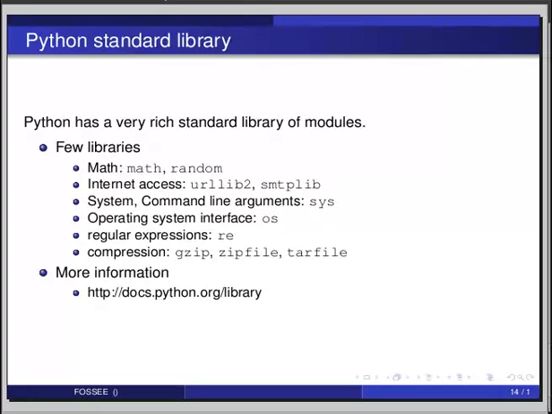Find more information at the Python library reference. So you can visit http://docs.python.org/library. There are a lot of other modules like PyLab, SciPy, Mayavi, etc., which are not part of the standard Python library.